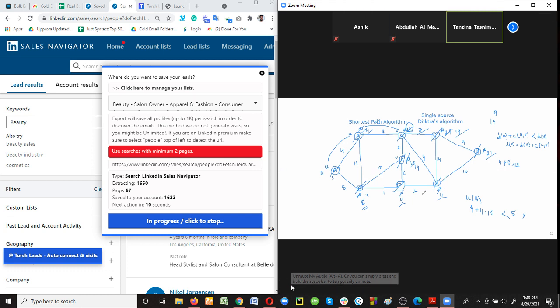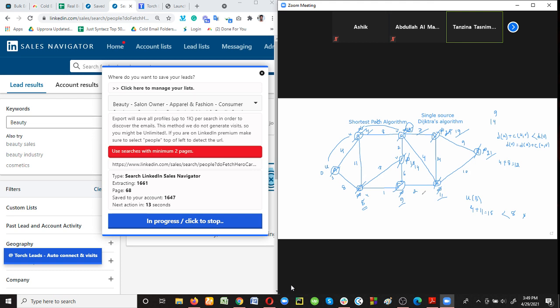Dijkstra's algorithm is called a single source shortest path algorithm, which means that in this given graph we can have only one source node. Then you can find out the shortest path between that source node and all the other nodes of this graph.